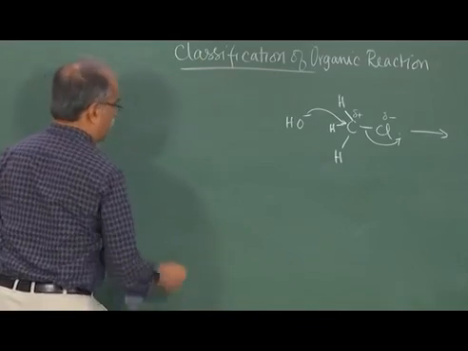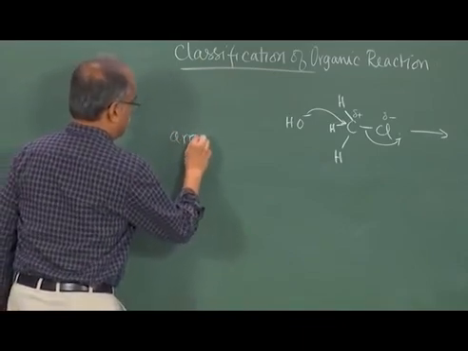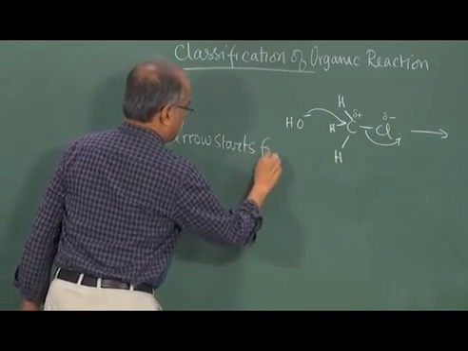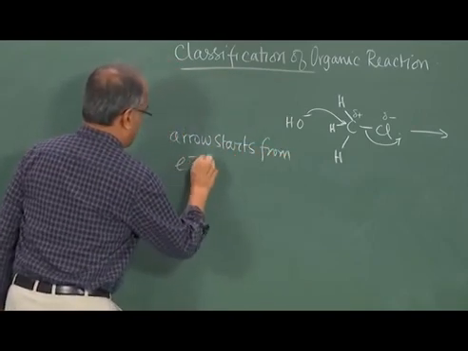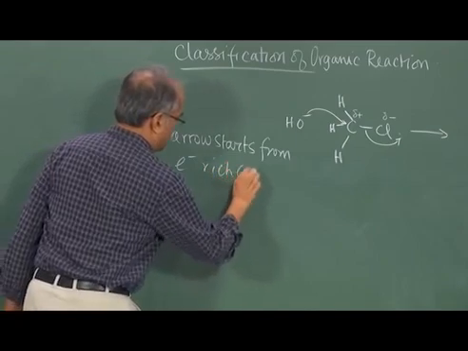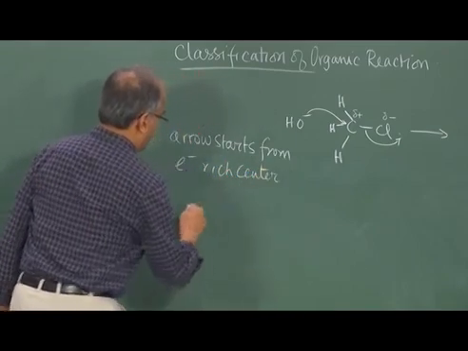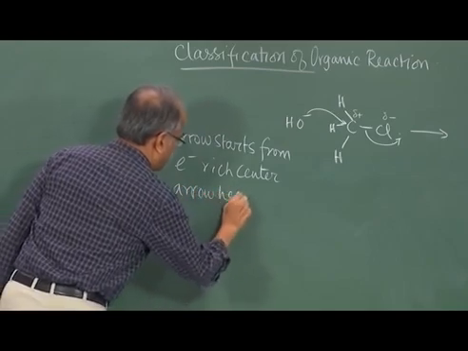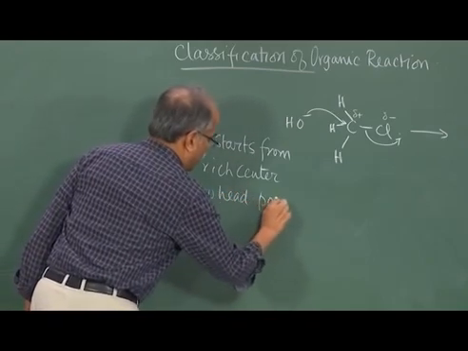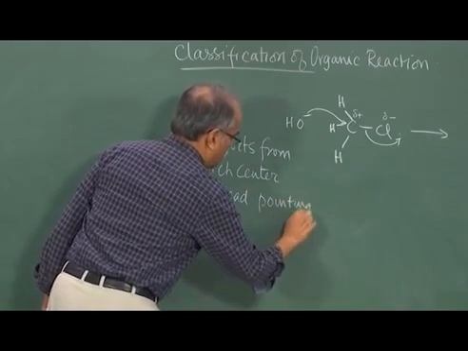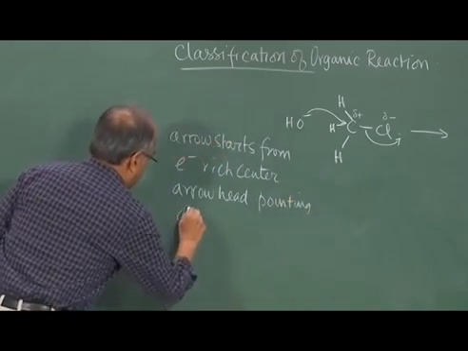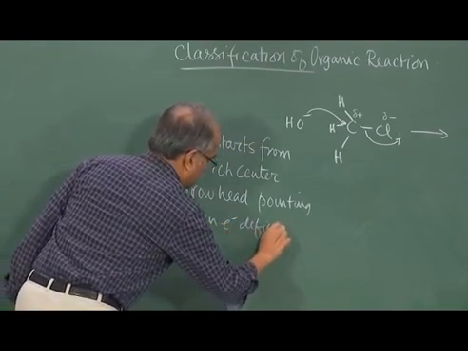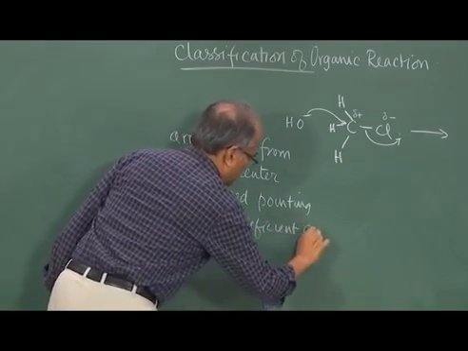The convention is that the arrow starts from an electron rich center, and the arrowhead points at an electron deficient center.